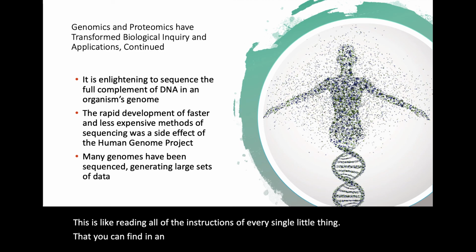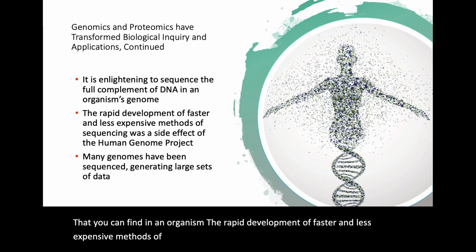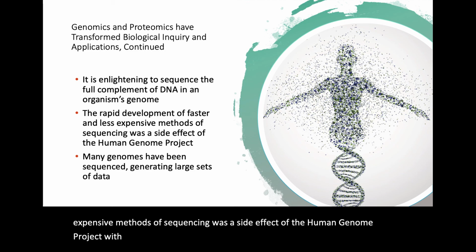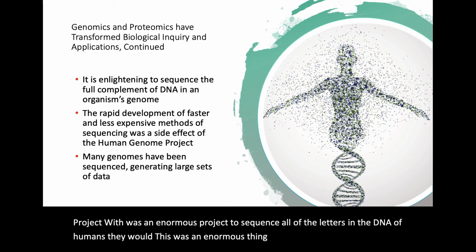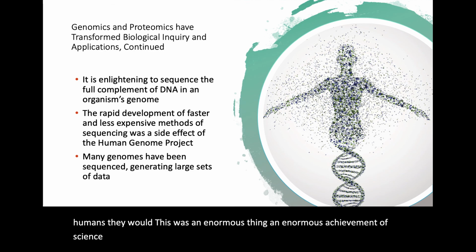The rapid development of faster and less expensive methods of sequencing was a side effect of the Human Genome Project, which was an enormous project to sequence all of the letters in the DNA of humans. This was an enormous achievement of science in the last century.